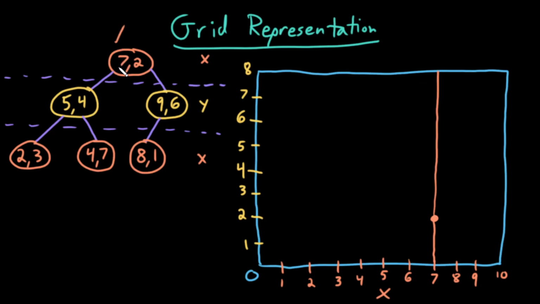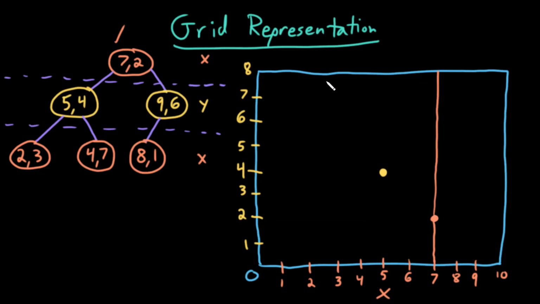Now in this level, things that are less than x equals 7, so things that are on the left side of this partition, this is now looking at the y dimension, and it's separating things that are greater than y equals 4 or less than y equals 4. So I can draw this point, 5, 4, and this is a partition of the y dimension.